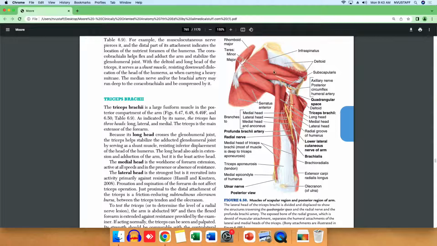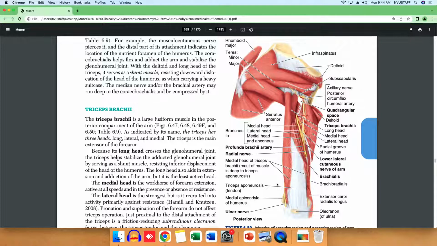So you can see here that they try to show you that we do have the triceps brachii. Can you see the cursor? Should I make it a bit bigger? So here it is. This is the triceps with its long head. What did we say where we have the attachment? Towards the infraglenoid tubercle of the scapula.